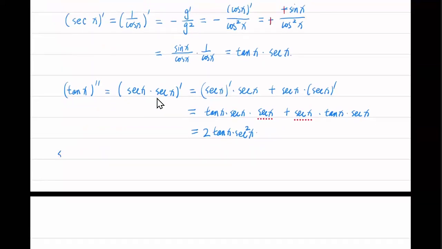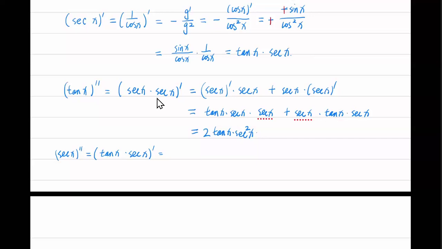Okay, the derivative of secant. Sophia, what's the first step? Find the derivative of tan x secant x, which is the derivative of the first. And Zichen, what's the next step? The rule again. What's the name of that? The product rule. Okay, yes.